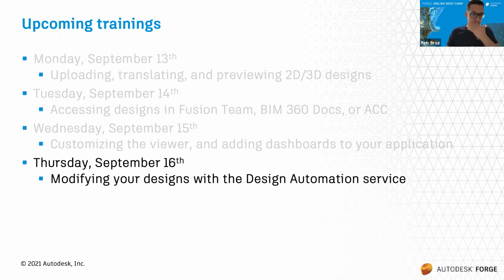So if you have some kind of a custom AutoCAD plugin or some custom Inventor or Revit plugin that you would like to run on Forge servers in an automated pipeline, where maybe you would like to make modifications to a Revit design based on some input parameters, or to generate a new Inventor assembly based on certain input parameters to build your own sort of configurator, right?